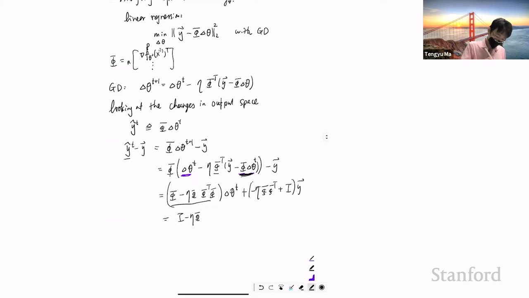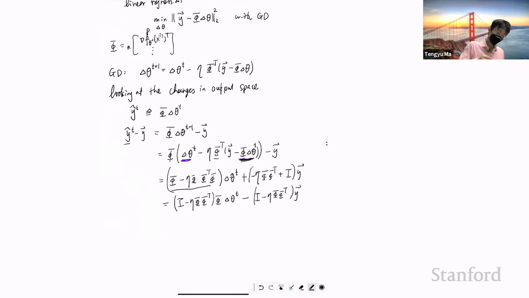I can write this as eta phi transpose times phi delta theta t minus I minus eta phi transpose y vec. And then you get I minus eta phi transpose phi times delta theta t minus y vec.